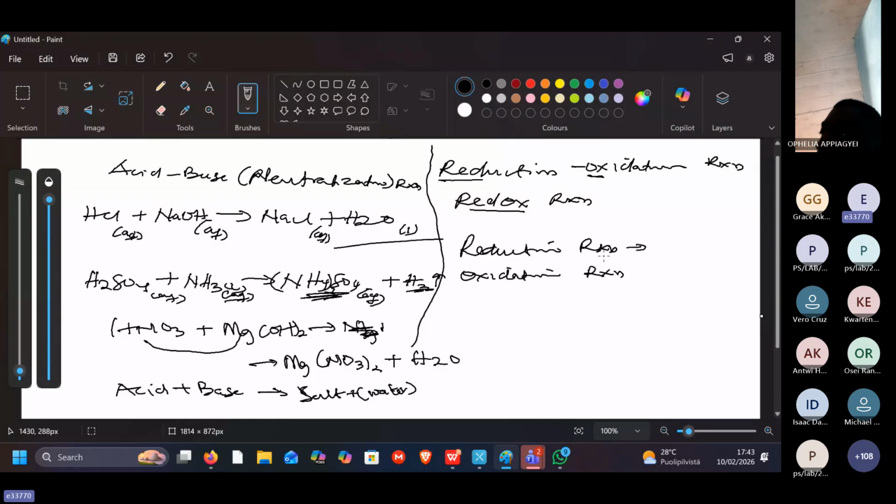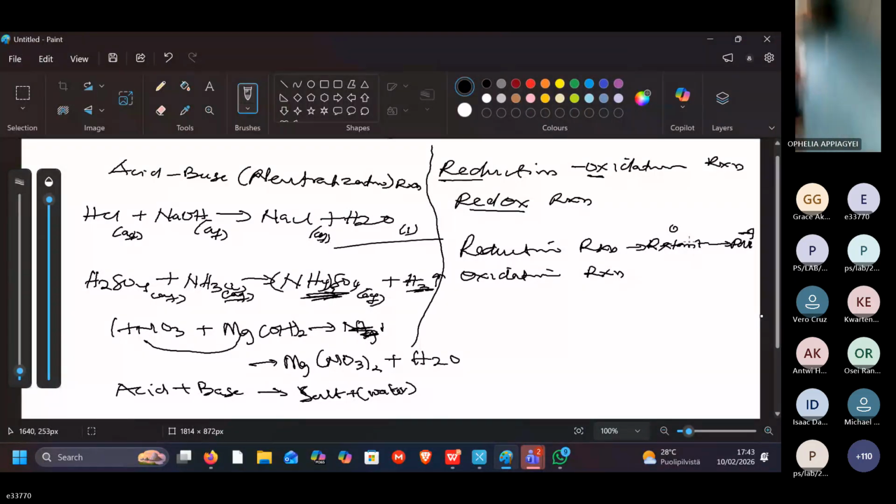For a reduction reaction, the reactant, after the reaction to the product, will gain extra electrons. That means that it becomes more negative. Say, for example, the reactant was 0, at the end of the reaction it becomes -1. That means that it is going through a reduction reaction. I hope it makes sense.